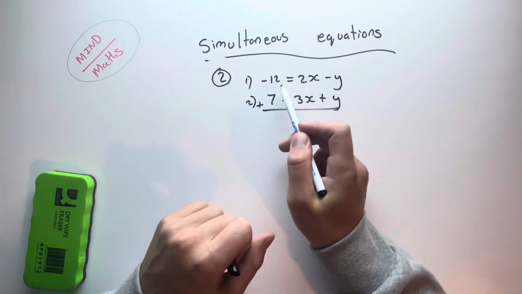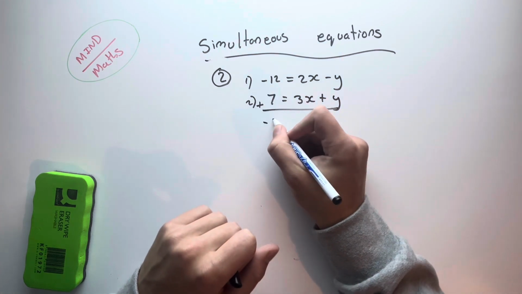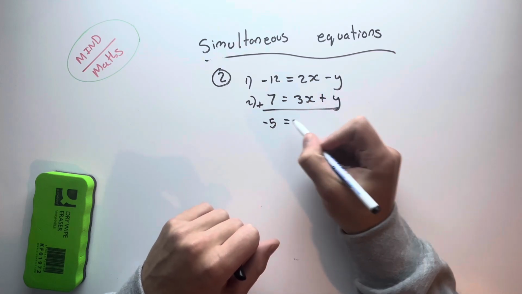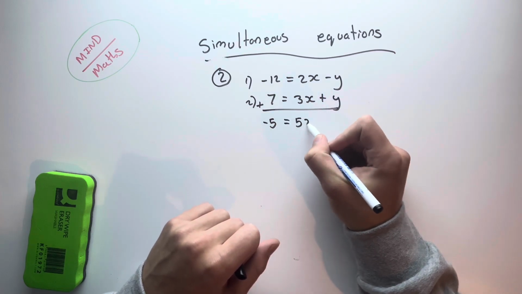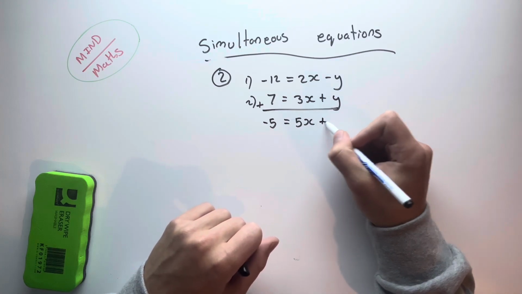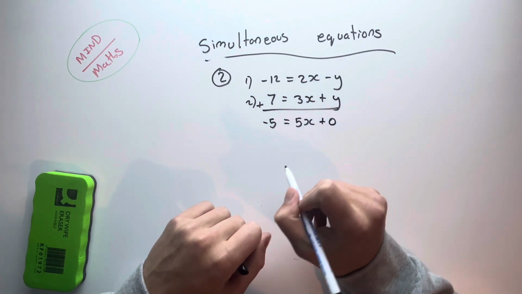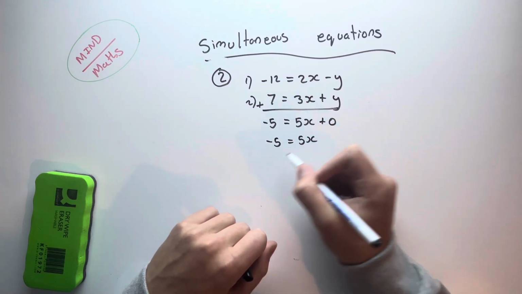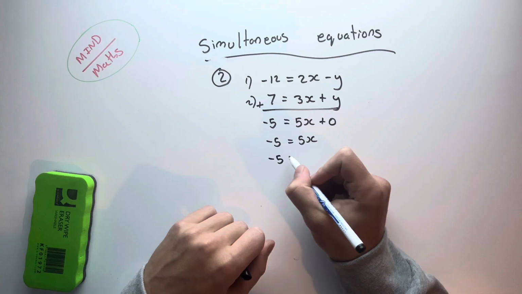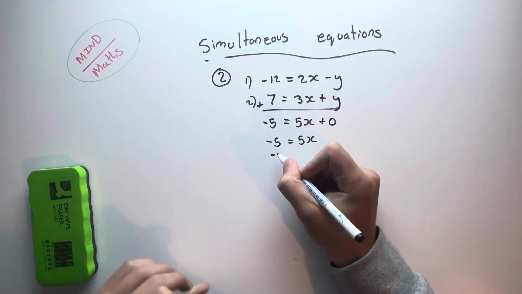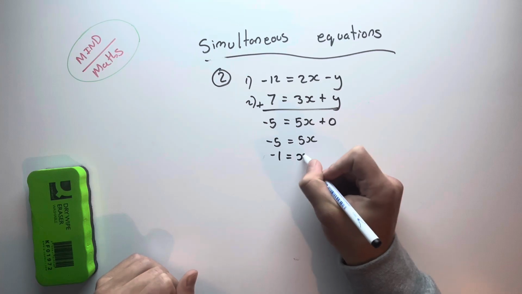So minus 12 plus 7 is minus 5. 2x plus 3x is equal to 5x. Minus y plus y is just equal to 0, which we then know minus 5 is equal to 5x. So minus 1 is equal to x.